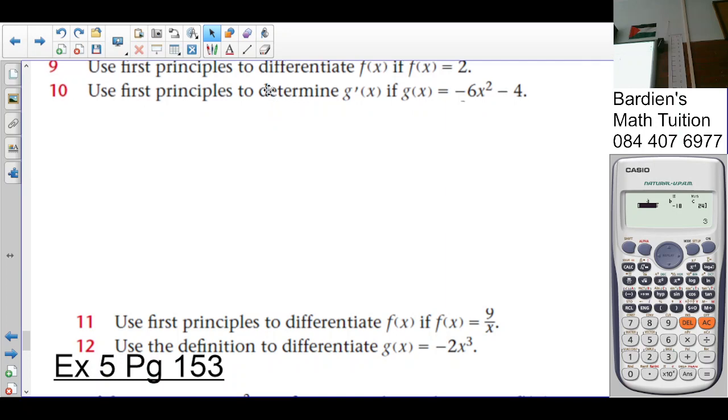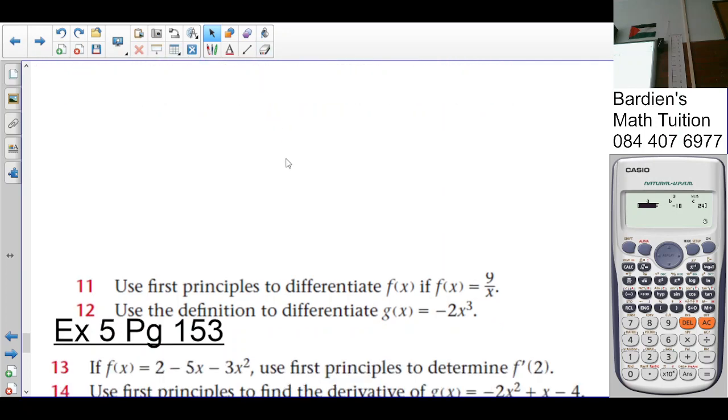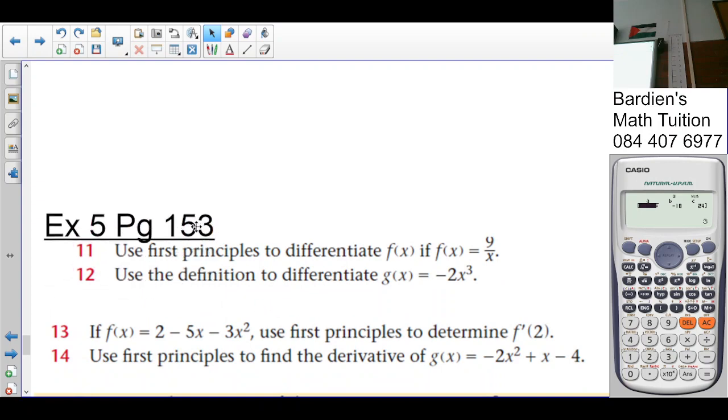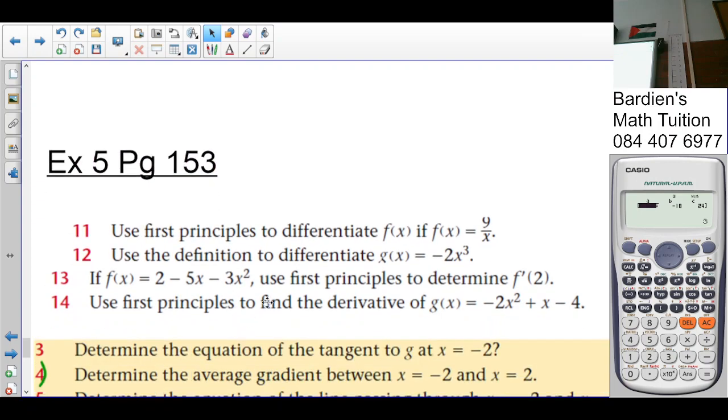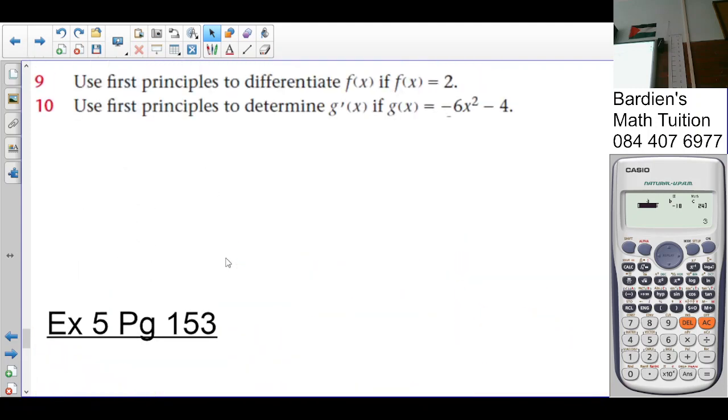I'm going to do number 10. It's often given in that format, okay? As I said before, they can give it where your x is in your denominator as well. So let's go again.